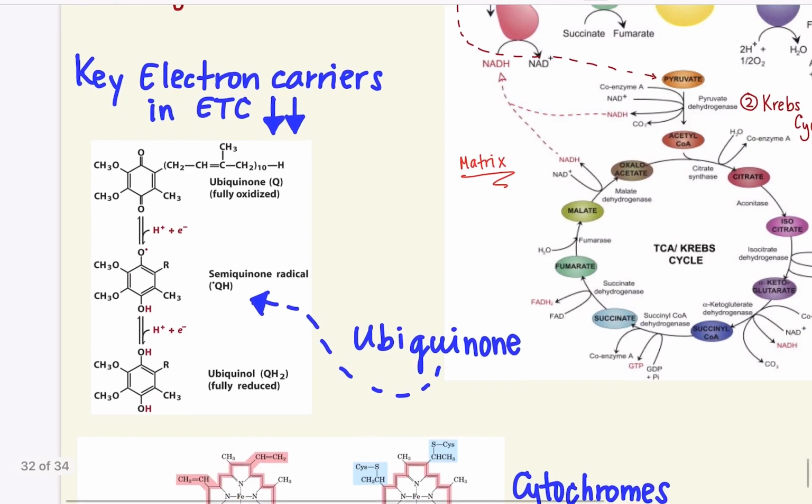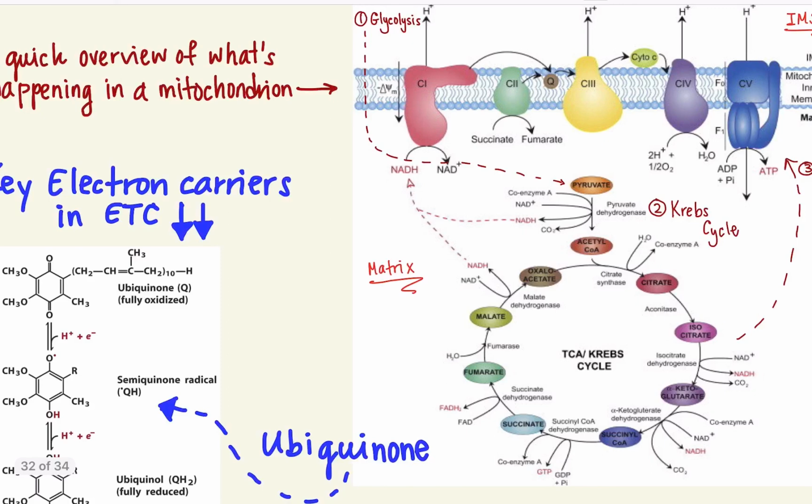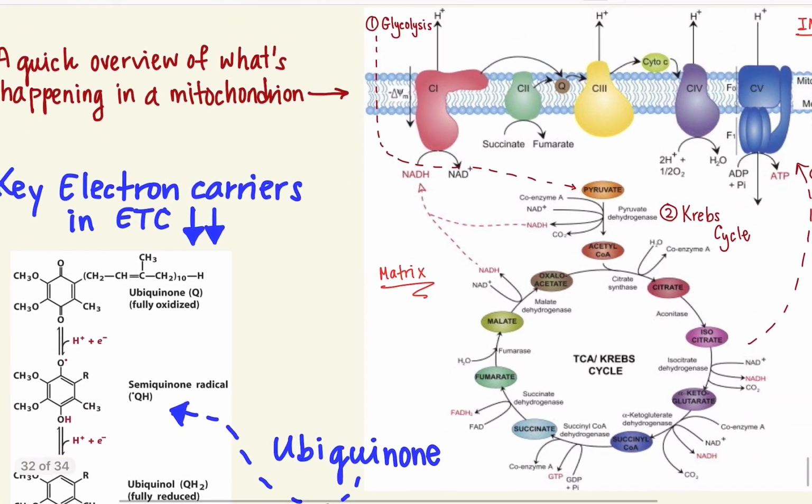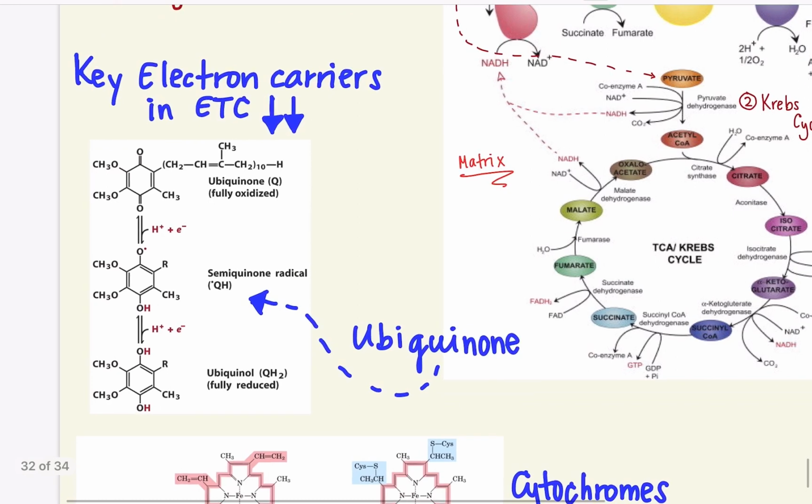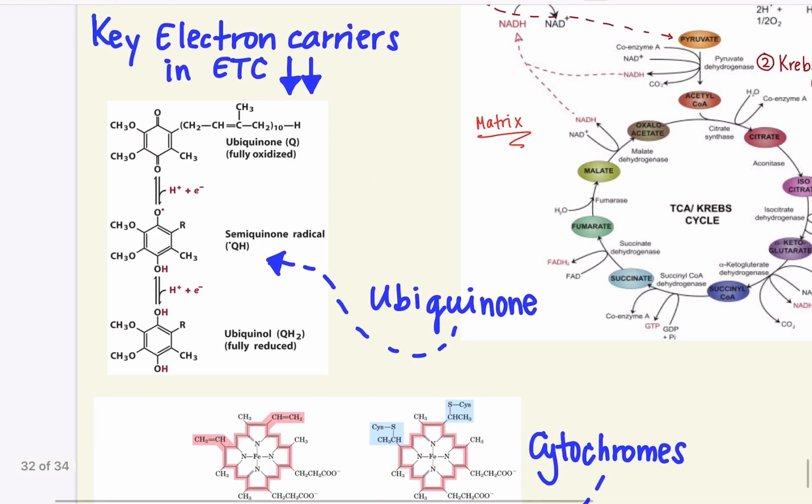One of the key electron carriers in the ETC is ubiquinone, also known as coenzyme Q. For reference, this little circle over here is coenzyme Q. It's not actually a circle, it's just depicted as a circle, or maybe its shape is globular, I'm not sure, but this is coenzyme Q. How does coenzyme Q carry electrons? Let's take a look at its structure.